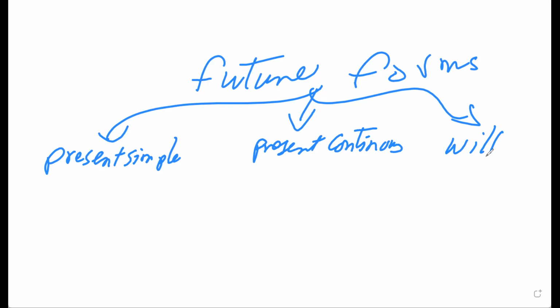Okay, how? Present simple, to use future if science fact. Science fact. What does it mean?